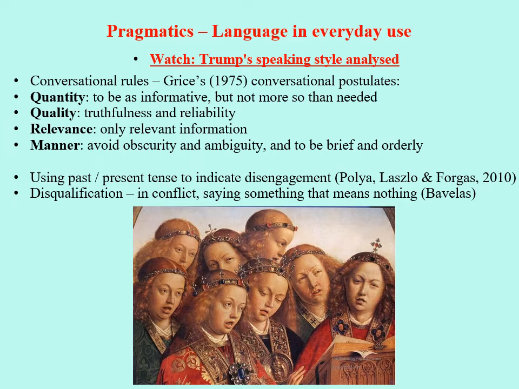Sometimes people also communicate in ways that they do not intend. In a study, Pouya, Laszlo, and Forgas in 2010, we looked at the way people describe traumatic episodes from their personal past. And what we found was that when a traumatic episode is described in the present tense, that subtly communicates the fact that the person is not completely over that particular episode.